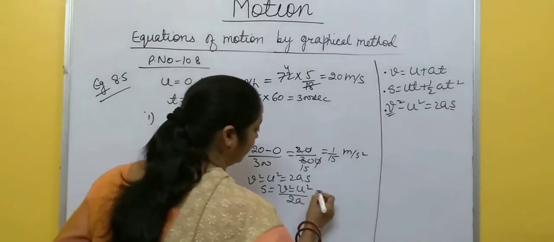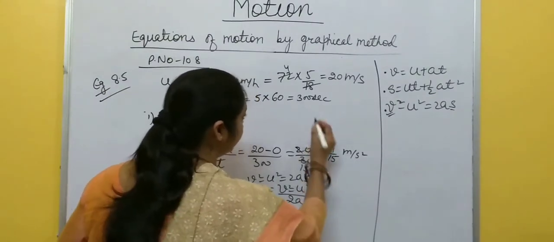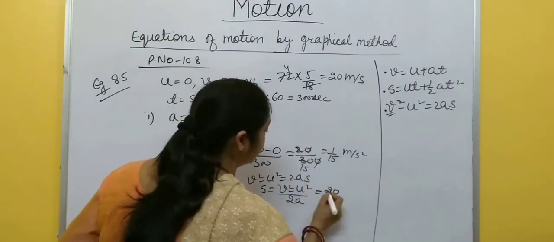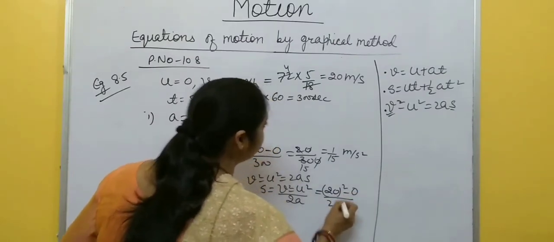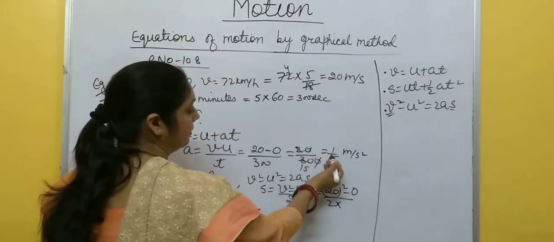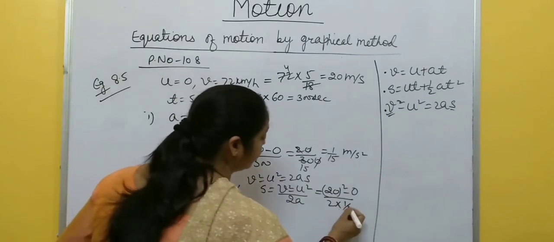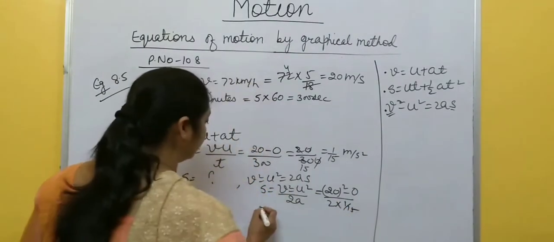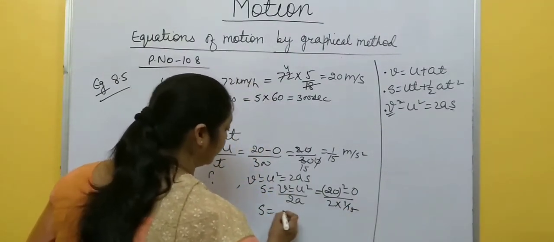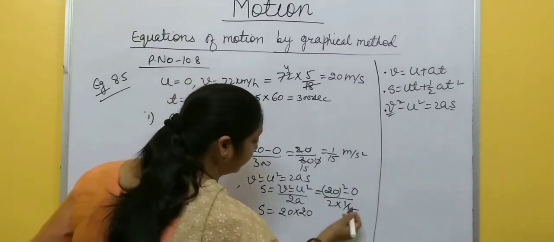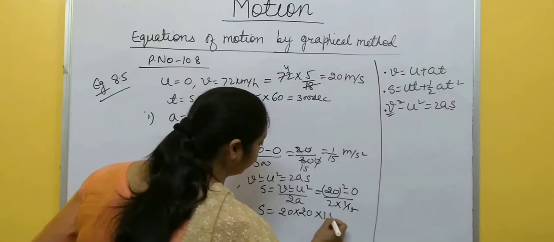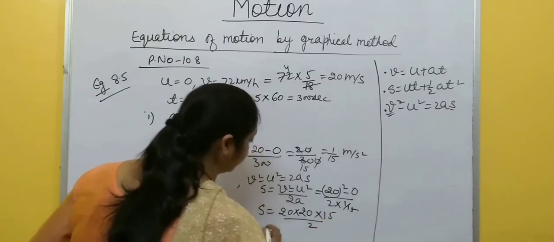Okay. What is V here? V is 20. V square means 20 square minus 0, by 2 into, what is A here? A is 1 by 15, right? So after solving this one, 20 square means 20 into 20. And you take this 15 in the numerator, by 2, right?